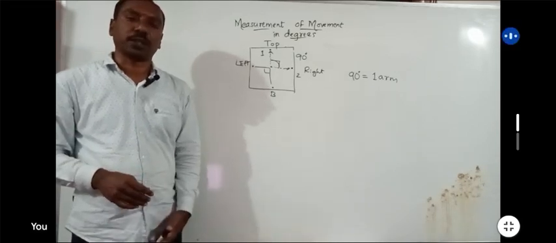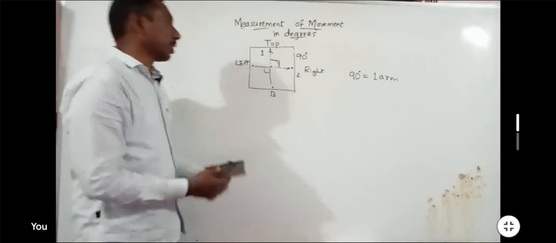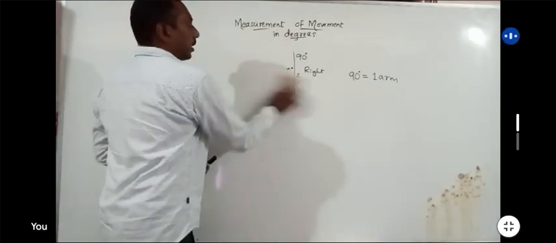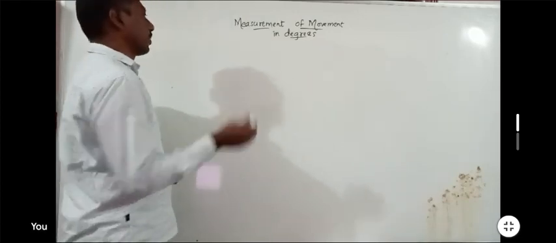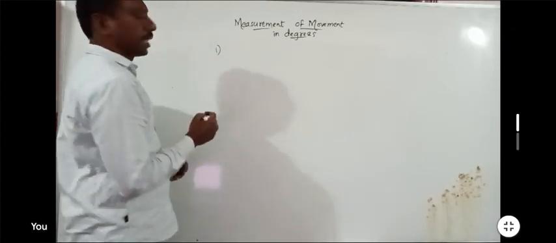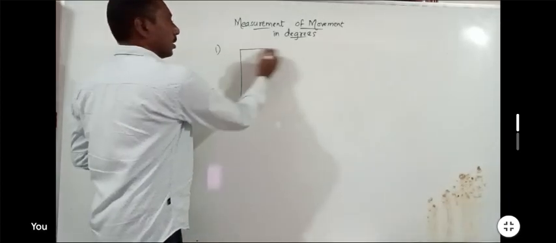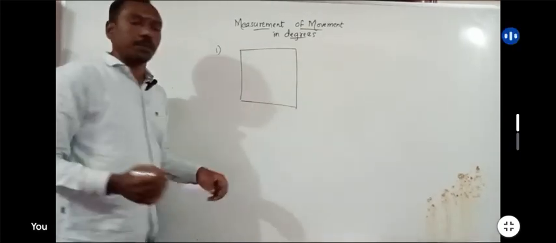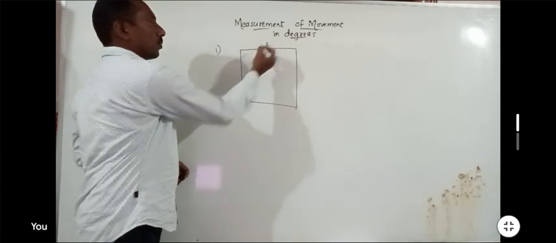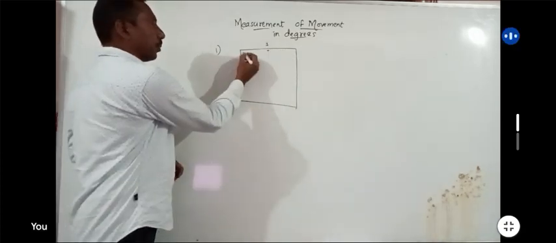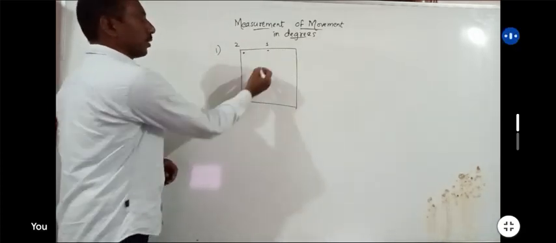Now let us pass on to the next concept. Let me take other positions. The first one we have discussed. Second one, you see. I have drawn a square on the board. Let me mark this one as the first position and the corner position as the second one.